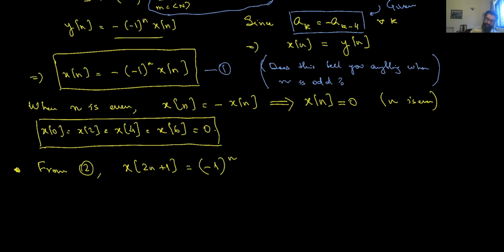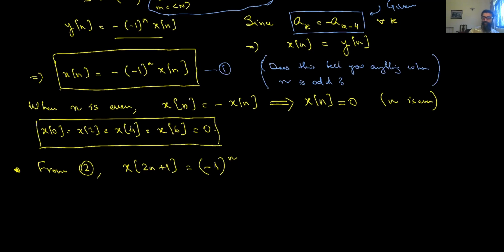So for n equals 0, we're getting x of 1 equals plus 1, right? When n equals 1, we're getting x of 3 equals minus 1. When n equals 2, we're getting x of 5 equals plus 1. N equals 3 पे we're getting x of 7 equals minus 1.